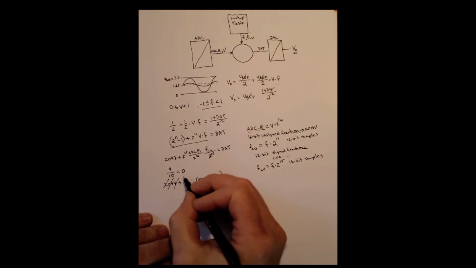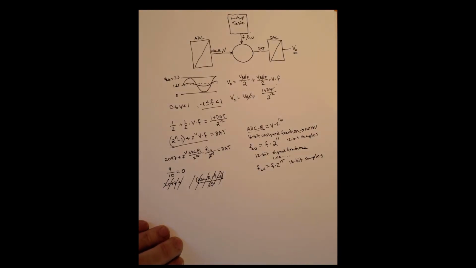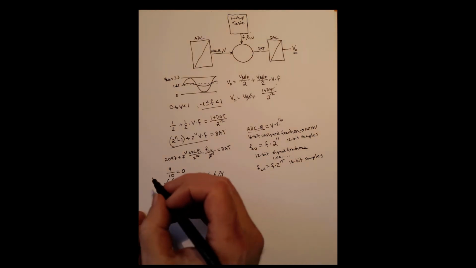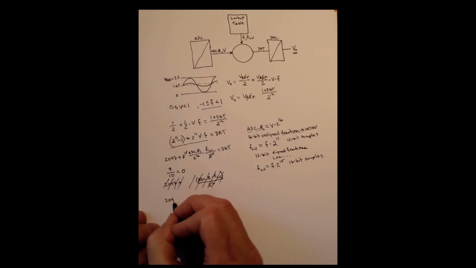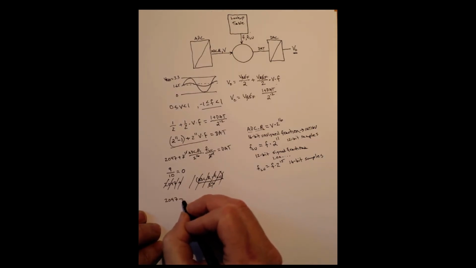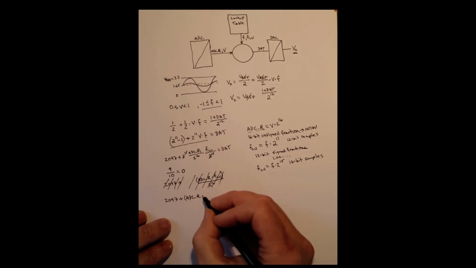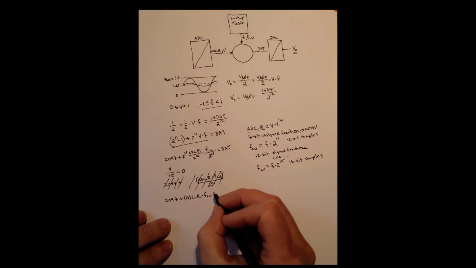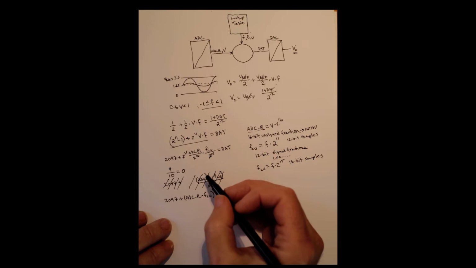All right, I decided to go a different route here. And we've got pen, so let's cross that off. All right, so let's take this. We now have 2047 plus ADCR, so the A to D result, times the lookup table value, and then divided by 2 to the 16.